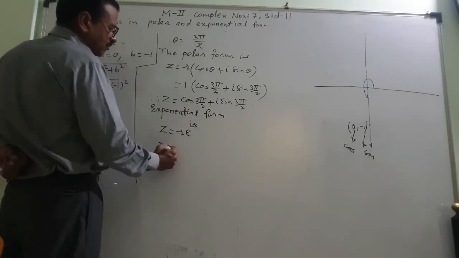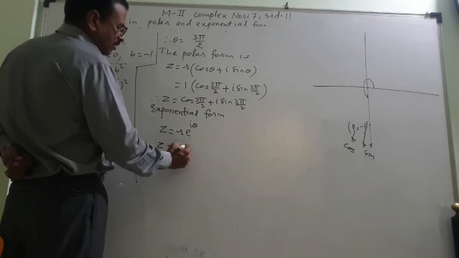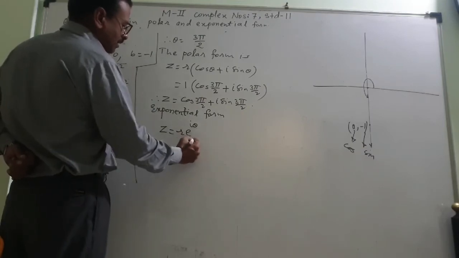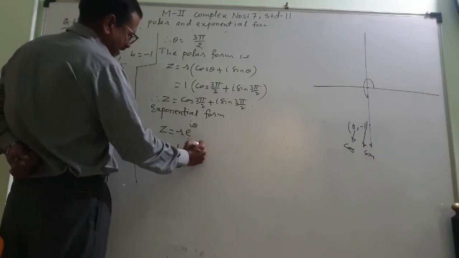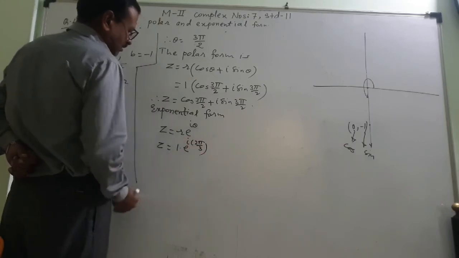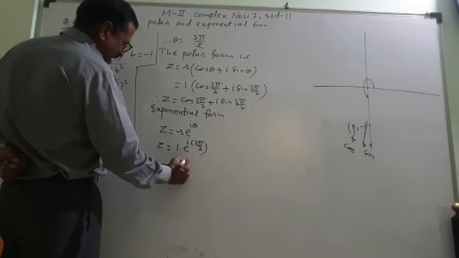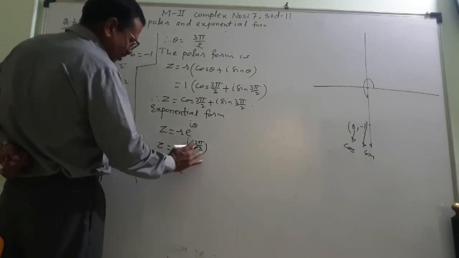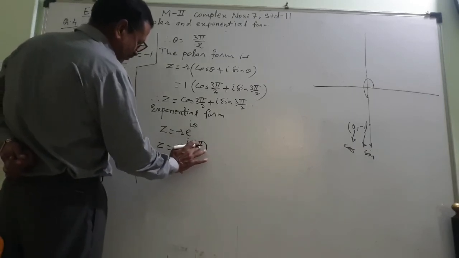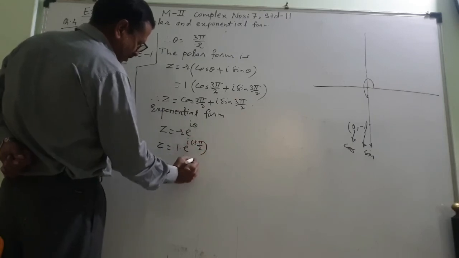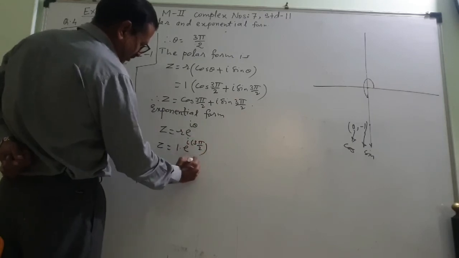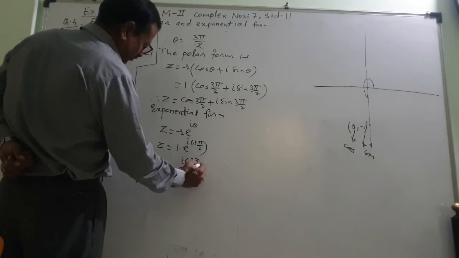So Z is equal to R, R is 1, into e raised to I theta. Theta is, not 2 pi by 3, 3 pi by 2. So 1 is not needed to write. So Z is equal to e raised to I 3 pi by 2.